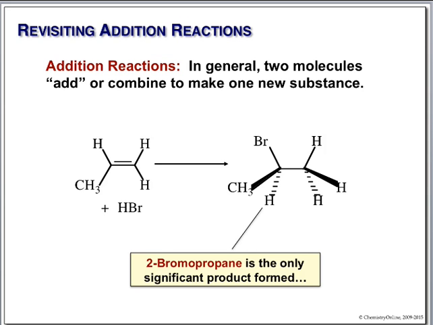Now, if we put the bromine on this carbon, that would give us 1-bromo. But we don't get that. The 2-bromo product is virtually the only thing that we get. So we're going to explore this reaction in terms of what the mechanism is and why in the world we only get 1 product when we might expect 2. We'll look at it briefly here and then do it again in much more detail in the next chapter.